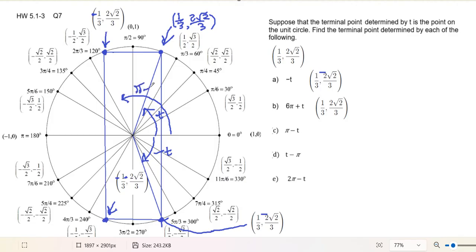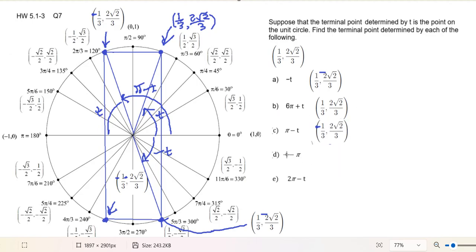So pi minus t here, and that is going to be this terminal point. And then we're going to have t left right here, t radians, because pi minus t plus t has to make up pi, which is halfway around the circle, 180 degrees. So now we're using this terminal point for pi minus t.